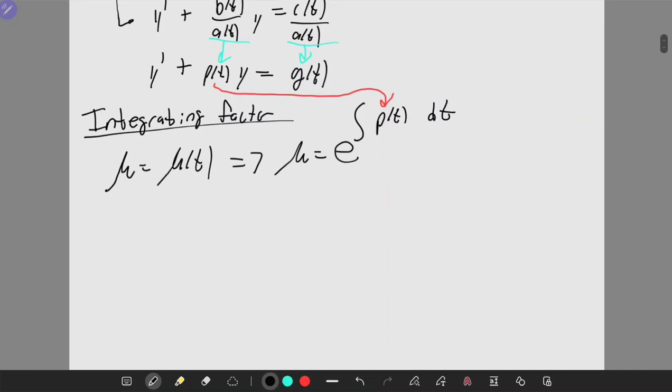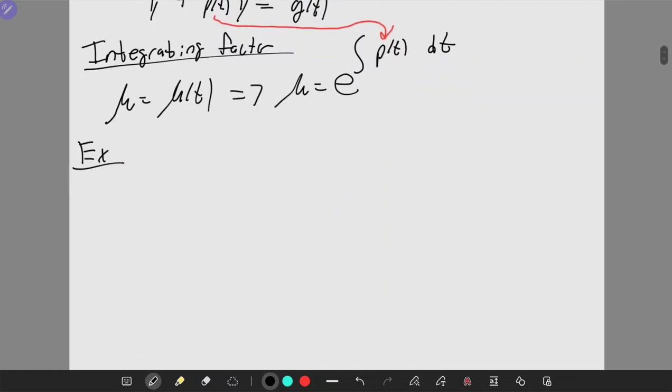Now let's look at an example. So this example is t y prime plus 2y is equal to 4t squared. Now you'll notice this is our a of t. This is our b of t.